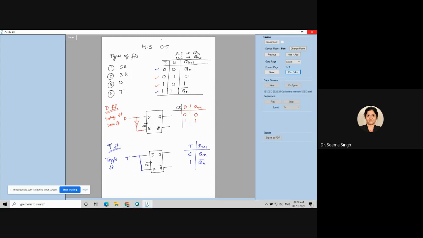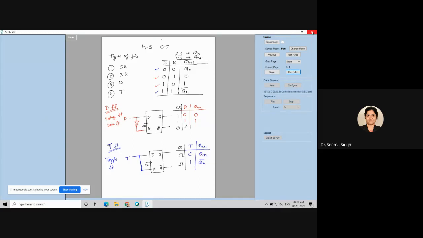Another way of showing the pulse triggered flip-flop is showing like this. This is another way of showing your clock. So if your clock is 1, all this is working. If your clock is 0, then what happens?